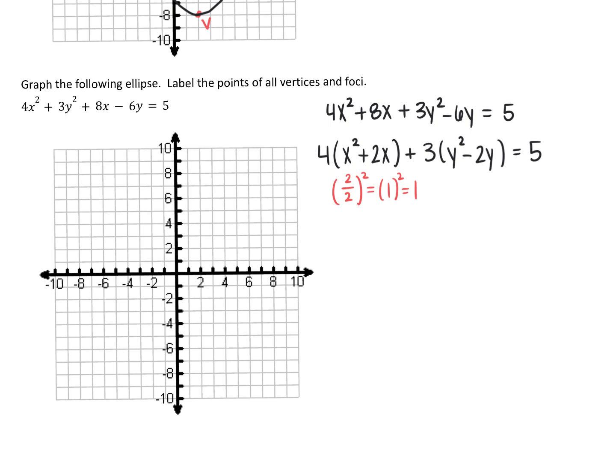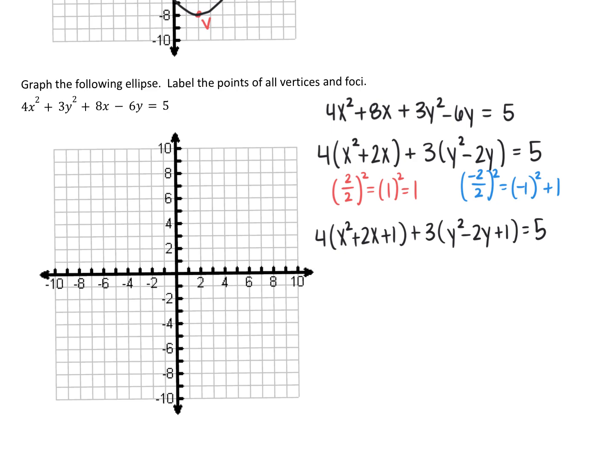And for the y's, it's going to be -2 divided by 2 squared, which is -1 squared, which is still 1. So I'm going to have 4 times (x squared plus 2x plus 1) plus 3 times (y squared minus 2y plus 1) equals 5.